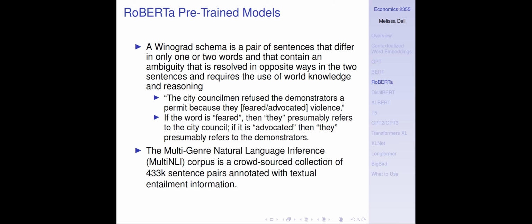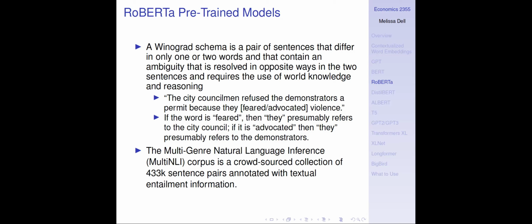If you're doing pronoun disambiguation with this data set, you can get the version of RoBERTa that's fine-tuned to it. I have no idea if that's relevant to your task, but it's there. It's been fine-tuned to this data set that has 433,000 of these sentence pairs. There's also the version that's fine-tuned to the MNLI benchmark.